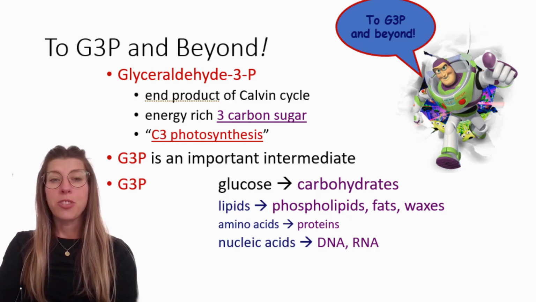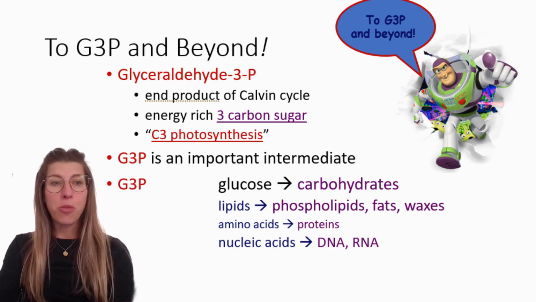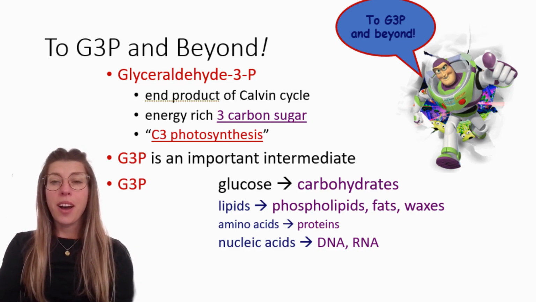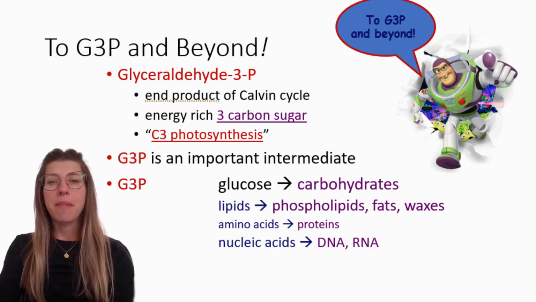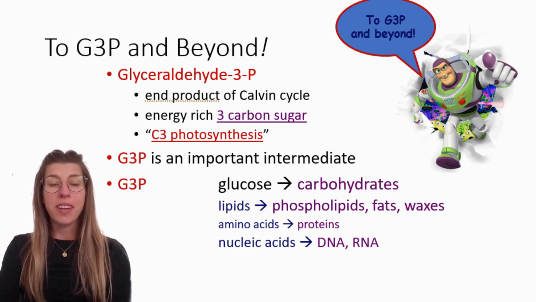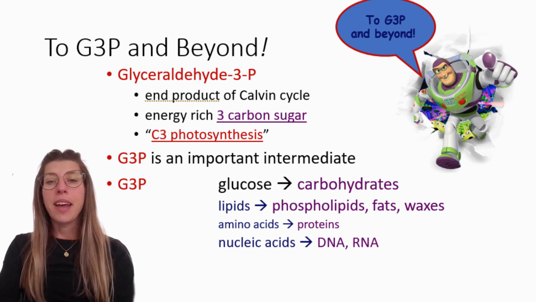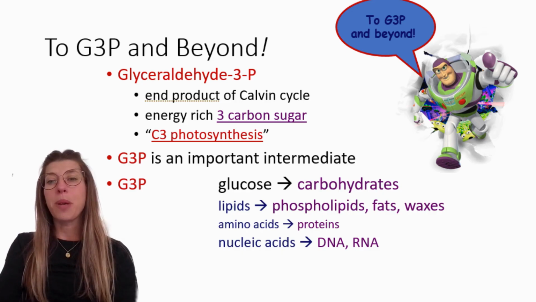So we talk about G3P coming together to form glucose molecules because glucose is the main compound that often gets produced through photosynthesis. And glucose can make many different complex carbohydrates. But because it's a synthesis of carbon compounds, that G3P molecule can also contribute to the formation of lipids. And we know that lipids is a category that includes phospholipids.